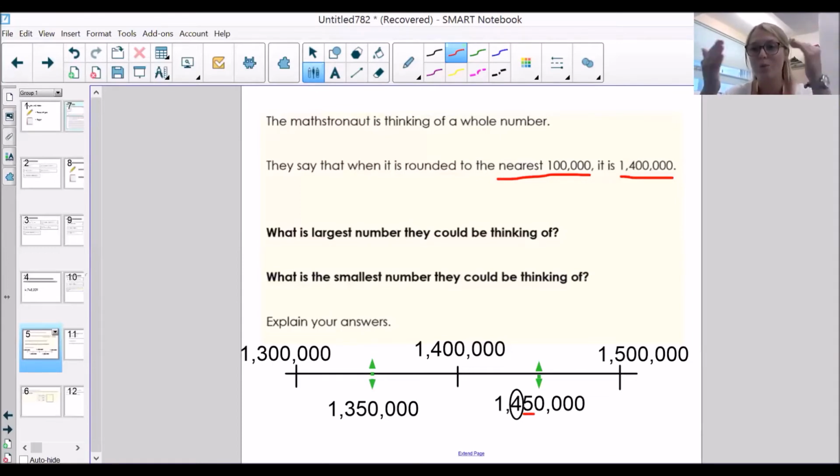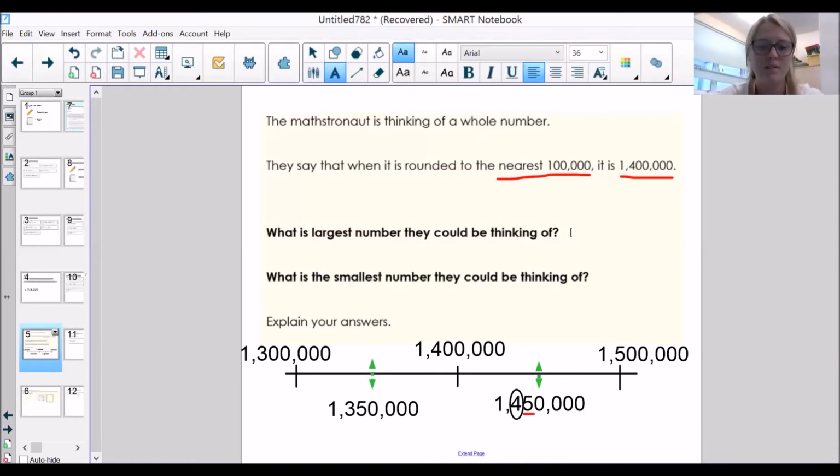We want to know what 1 less than that number is. If we subtracted 1 from 1,450,000, we would get 1,449,999. So that's the largest number it could be.